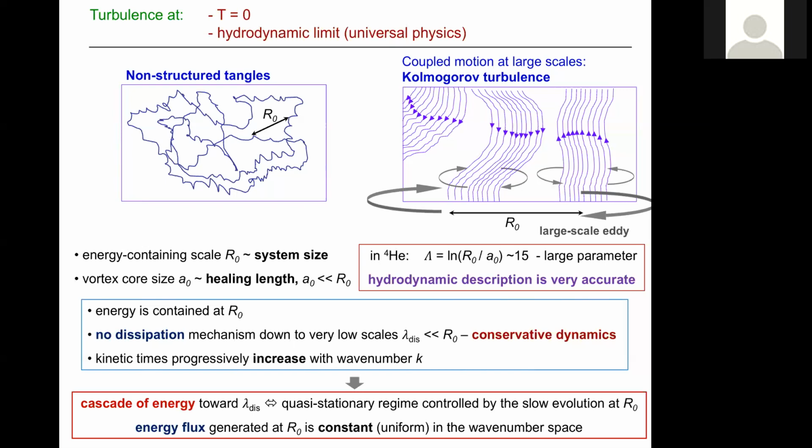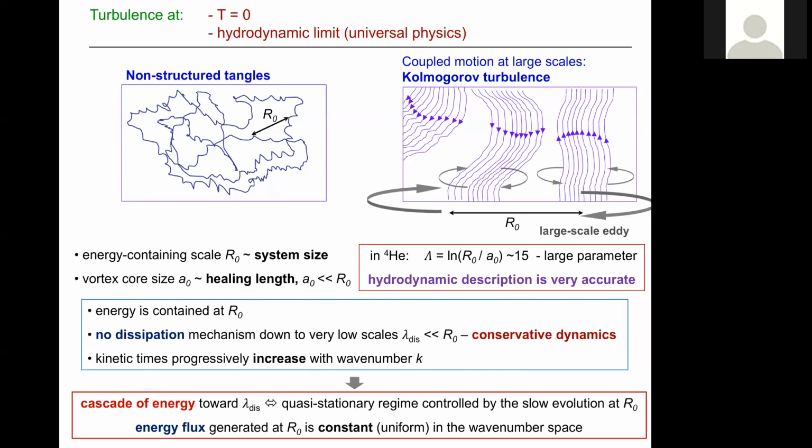Right. Thank you. Okay. And under these conditions, it's standard that the relaxation takes the form of an energy cascade. That is a regime where energy which is generated at the main scale, at the biggest scale, gets transferred through the length scales down to shorter and shorter length scales, but in a very specific way. That is, the decay regime is quasi-stationary.